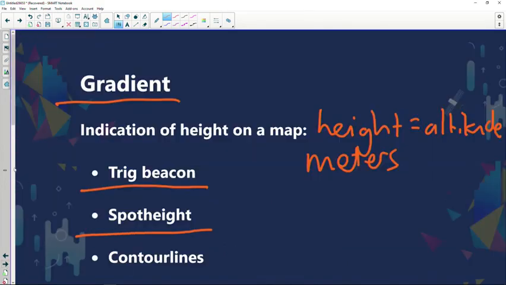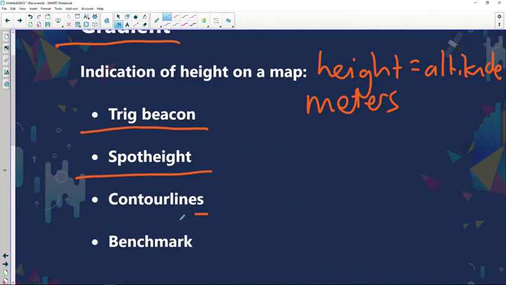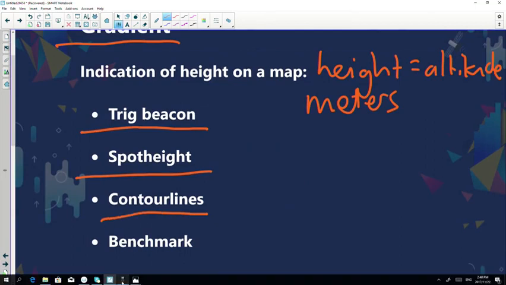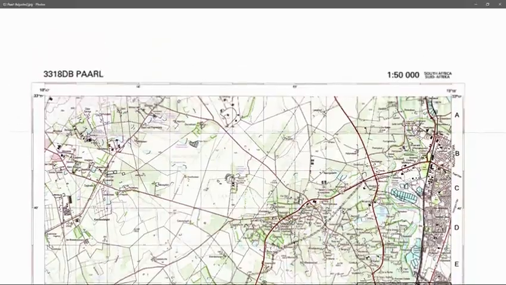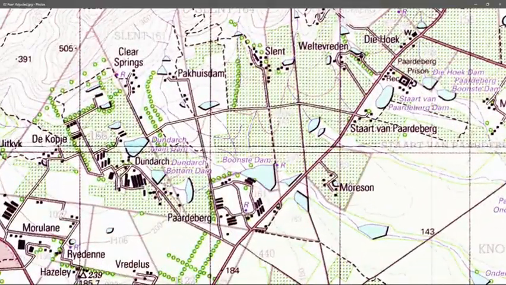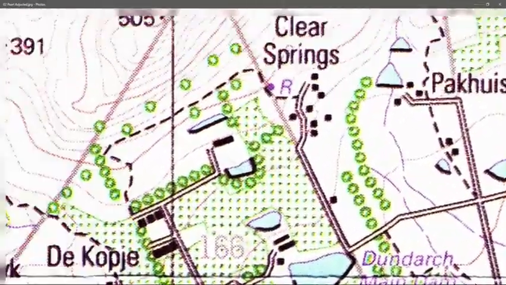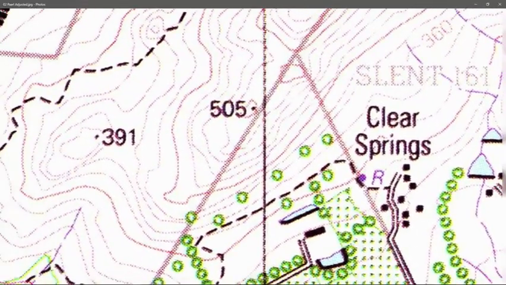Thirdly, that we use is contour lines. Contour lines are lines joining places with equal height. If we go quickly to our map, a beautiful example where you can see lots of contour lines is in block A1 and A2.